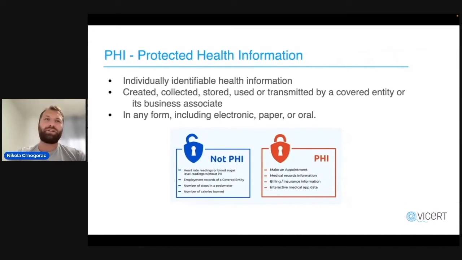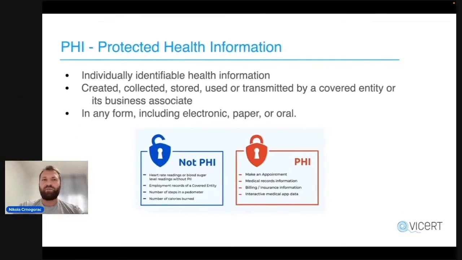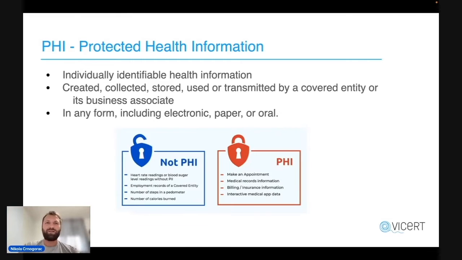PHI, or protected health information, is any individually identifiable health information that is created, collected, stored, used, or transmitted by a covered entity or its business associates in any form, including electronic, paper, or oral. It includes past, present, and future information about the mental health and condition of the individual, the provision of healthcare to the individual, and information related to payment for healthcare.